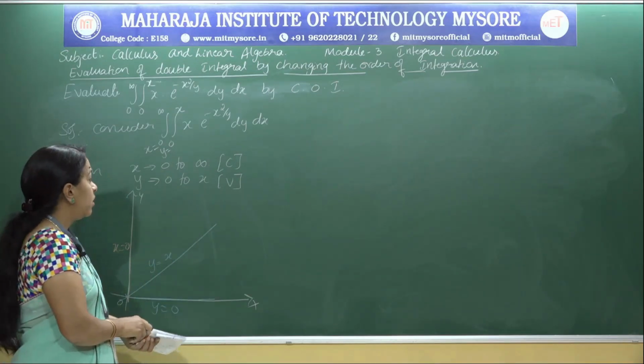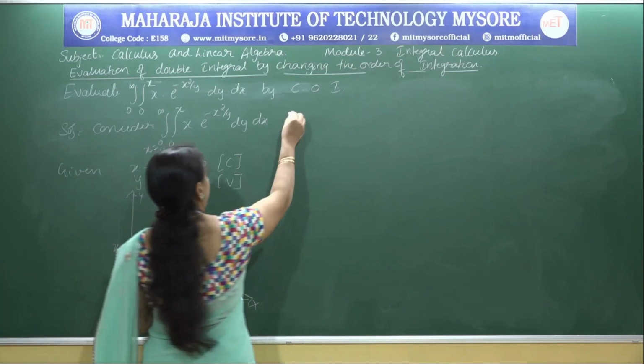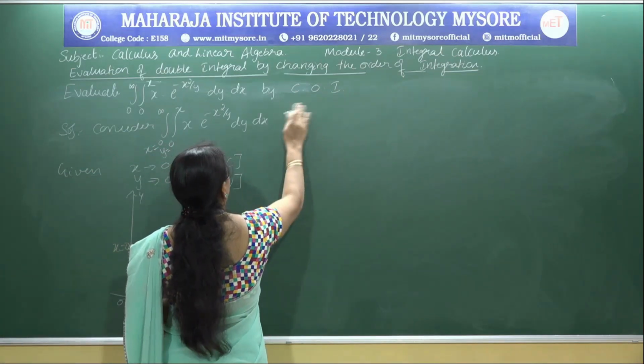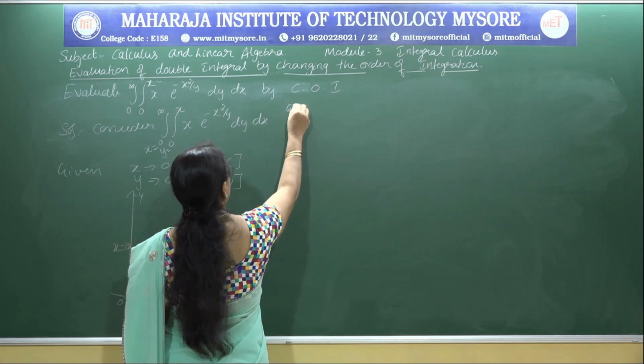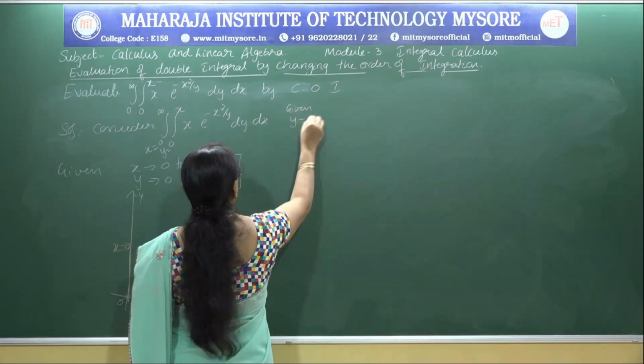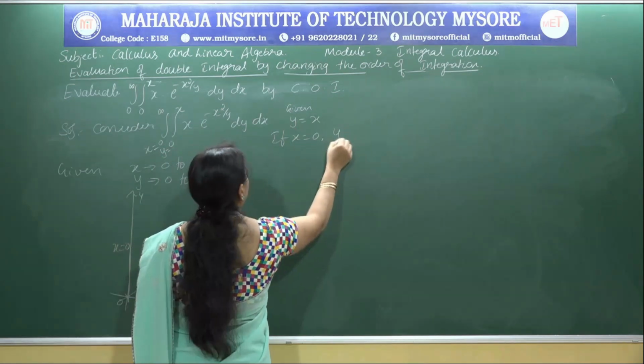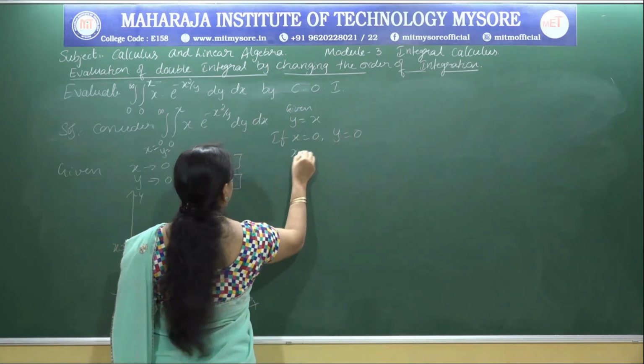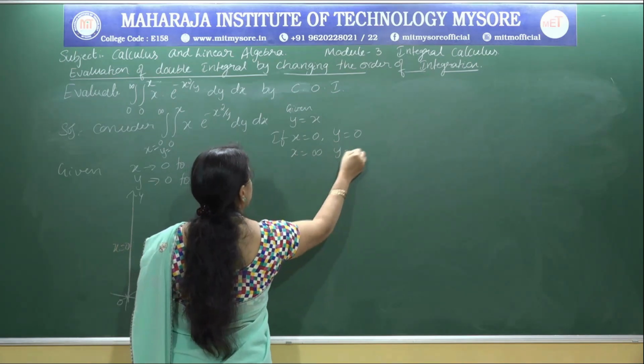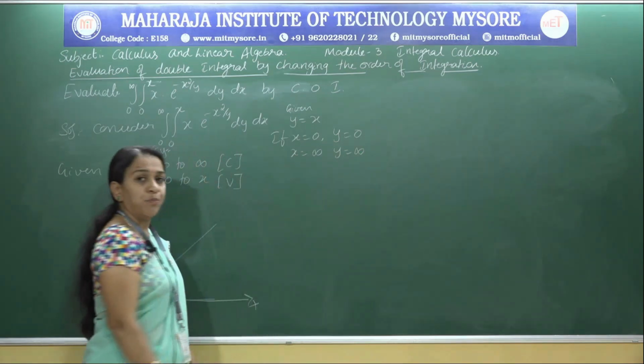For that we should solve the given two equations, y equal to x. So if x is 0, then y is 0. If x is infinity, y is also equal to infinity.